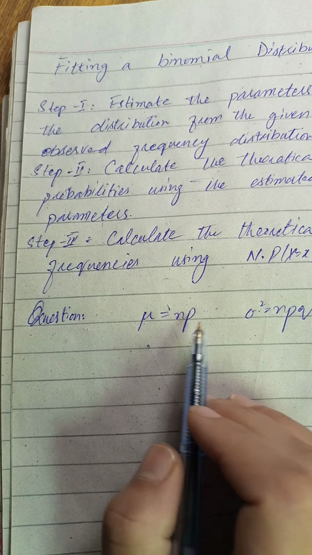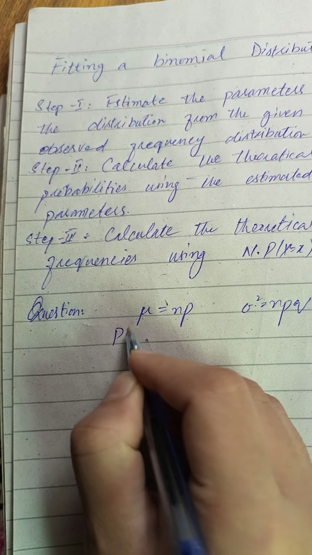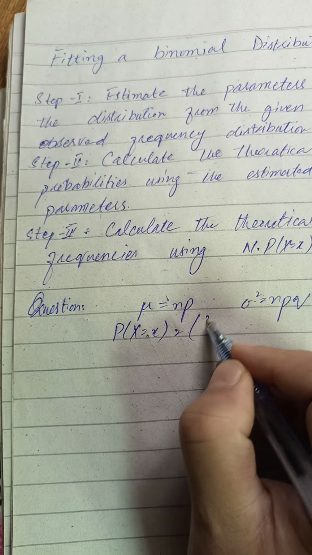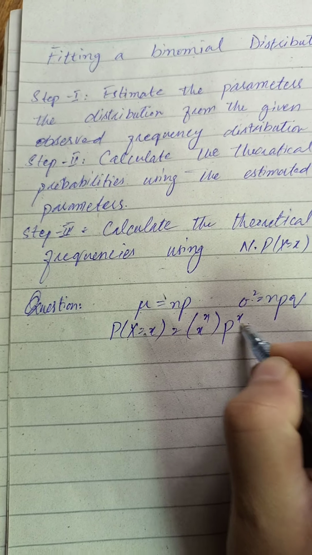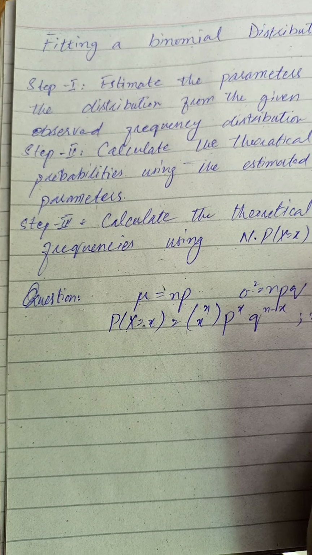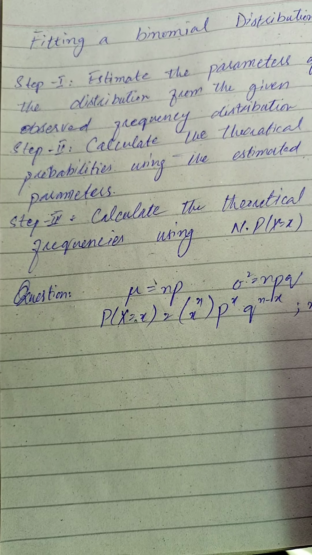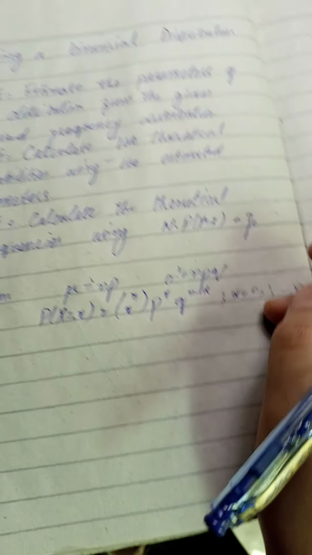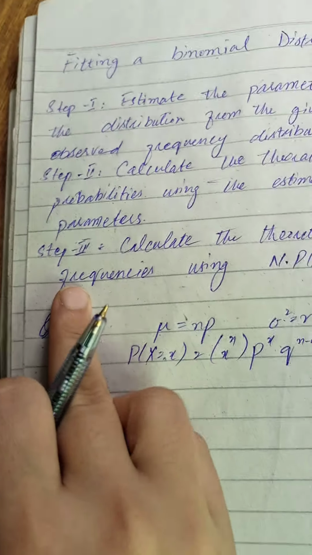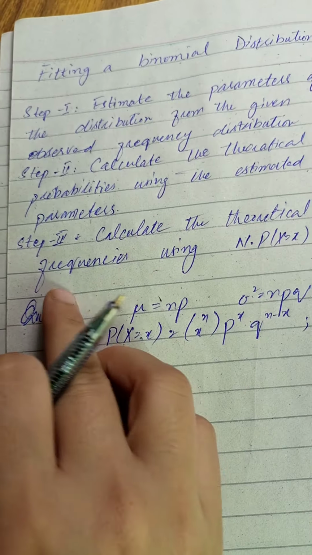Once we estimate our parameters n and p, we will calculate all the probabilities using the binomial formula, which is nCx p raised to power x and q raised to power n minus x, for all the values that range from 0 to n. So the second step will be to calculate probabilities, and in step 3 we will calculate the theoretical frequencies.